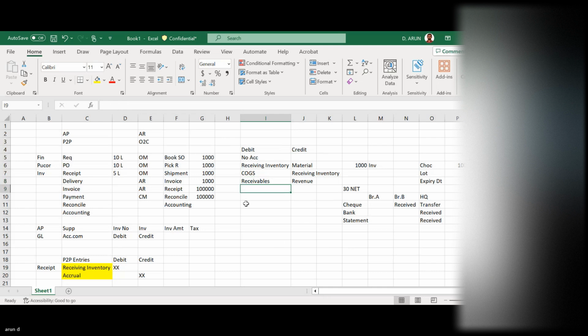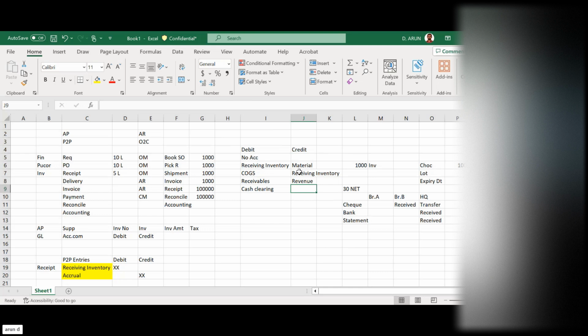So now we have invoiced it, which means we have created the receivable. The customer has to pay such and such an amount. In this case, let's say it is 1 lakh rupees. Now when I create the receipt, I'm going to say either this is cash clearing, or if I'm receiving physical cash, I can directly say it is cash.